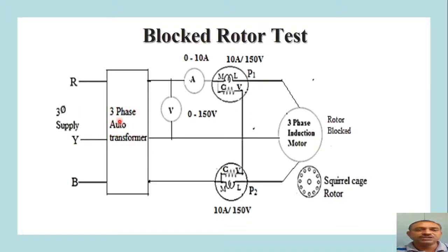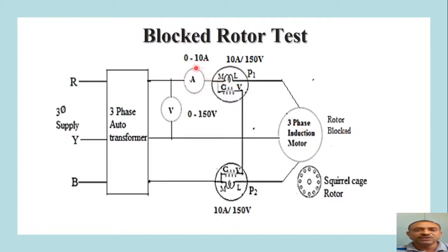Now go on increasing the voltage at a very slow rate until the ammeter connected in the stator circuit gives us the rated current of the motor. The motor under test in this particular experiment is 5 HP, so its rated current is approximately 7.5 ampere.